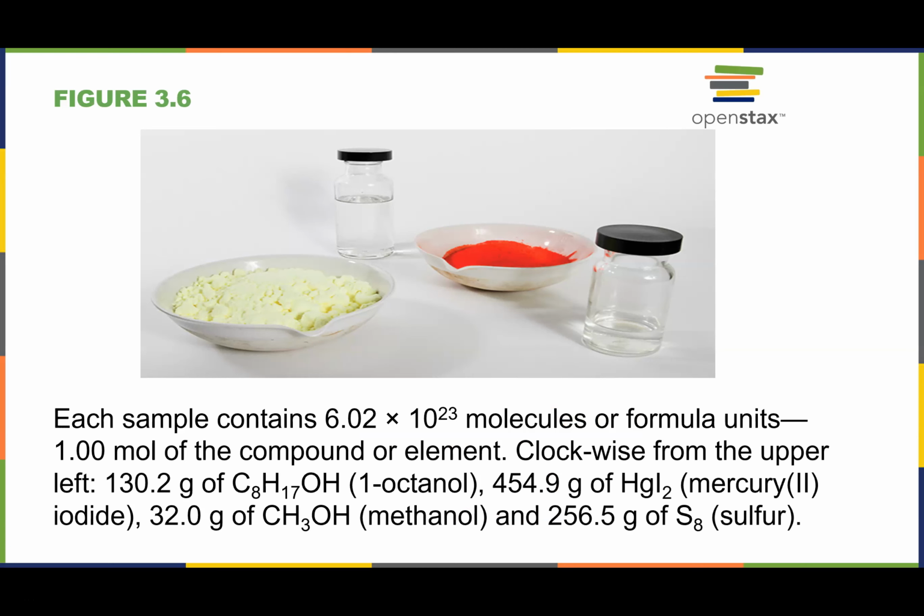So these are examples of compounds, I guess we call them. This one right here is S8, and this guy is octanol, C8H17OH. This red stuff, nasty, is mercury(II) iodide, HgI2. This right here is methanol, CH3OH.